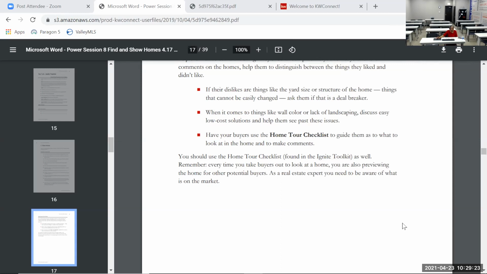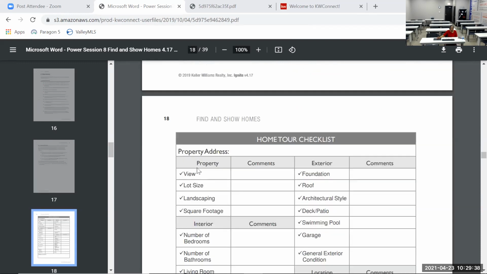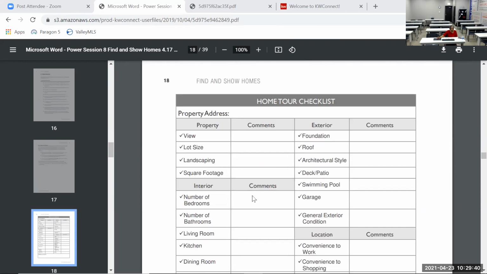Remember, every time you take buyers out to look at a home, you are also previewing the home for other potential buyers. As a real estate expert, you need to be aware of what is in the market. Okay. So here's your home tour checklist that you can use.